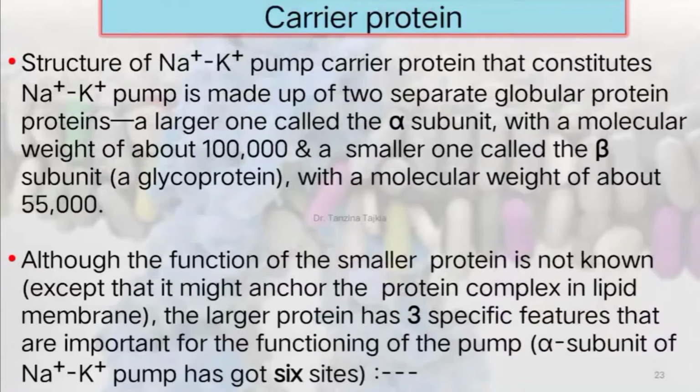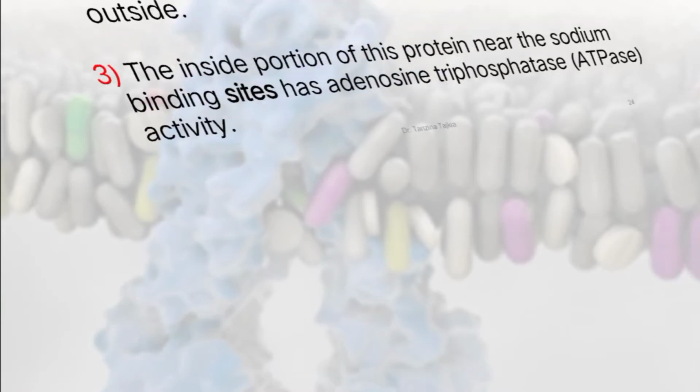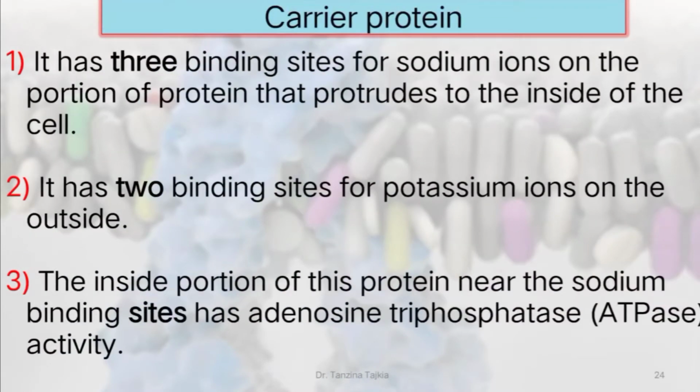The larger protein has 3 specific features, and the alpha subunit of the sodium potassium pump has 6 sites. At first, it has 3 binding sites for sodium ions on the portion of the protein that protrudes to the inside of the cell, and it has 2 binding sites for potassium ions on the outside.